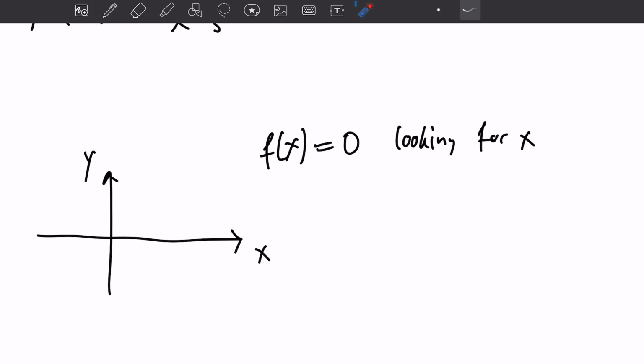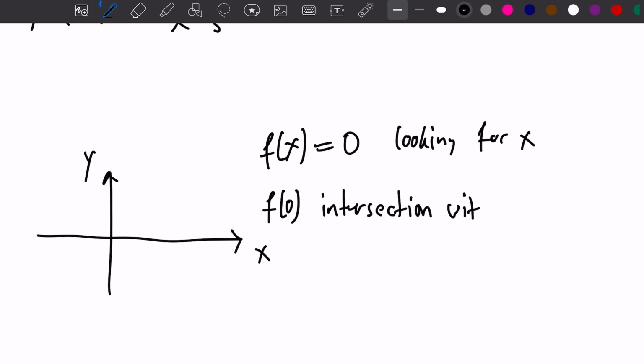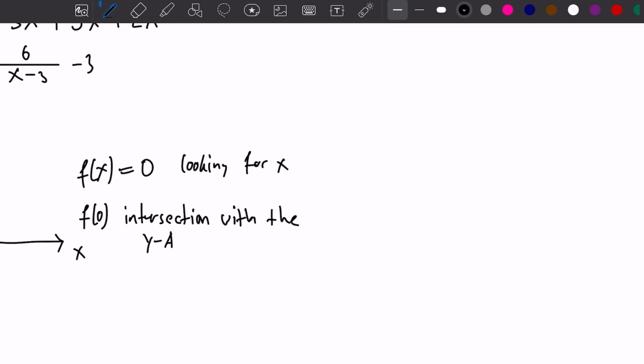So that means we need f of 0, and this gives us the intersection with the y-axis.